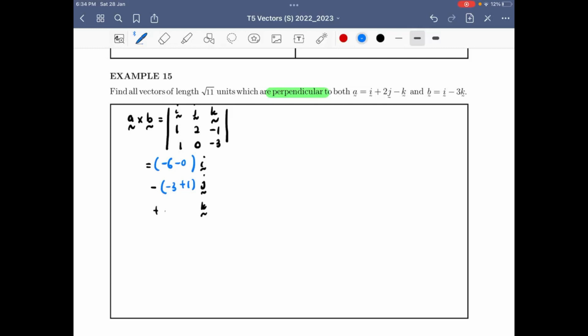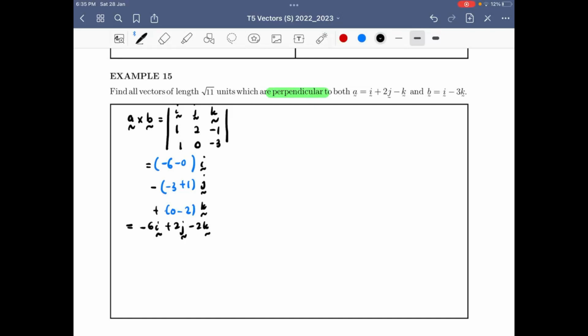And then you close the k part, you get 0 minus 2. Okay, and then make it in one line. You get negative 6i plus 2j minus 2k. Am I correct? Negative 6i plus 2j minus 2k. Okay.